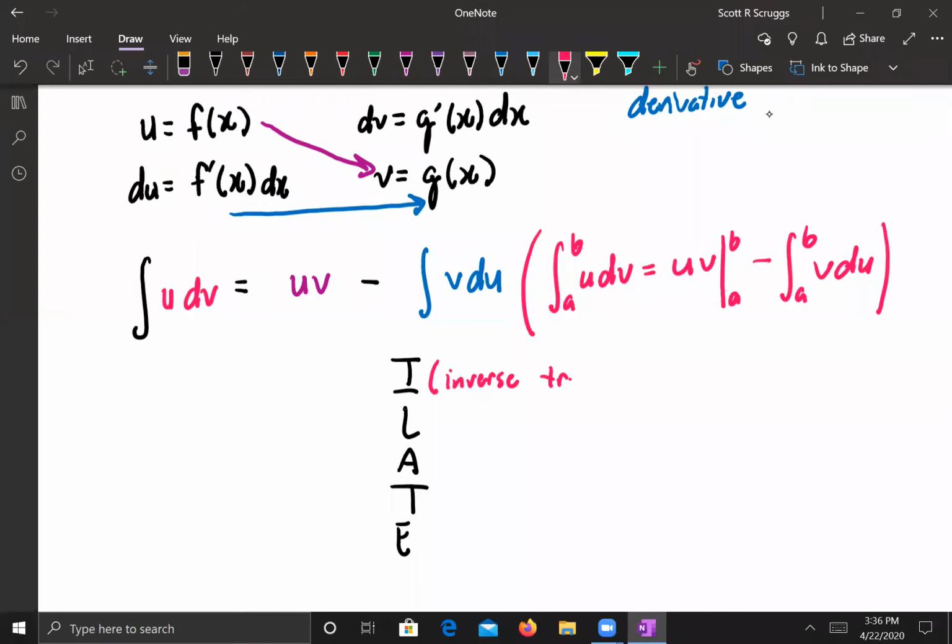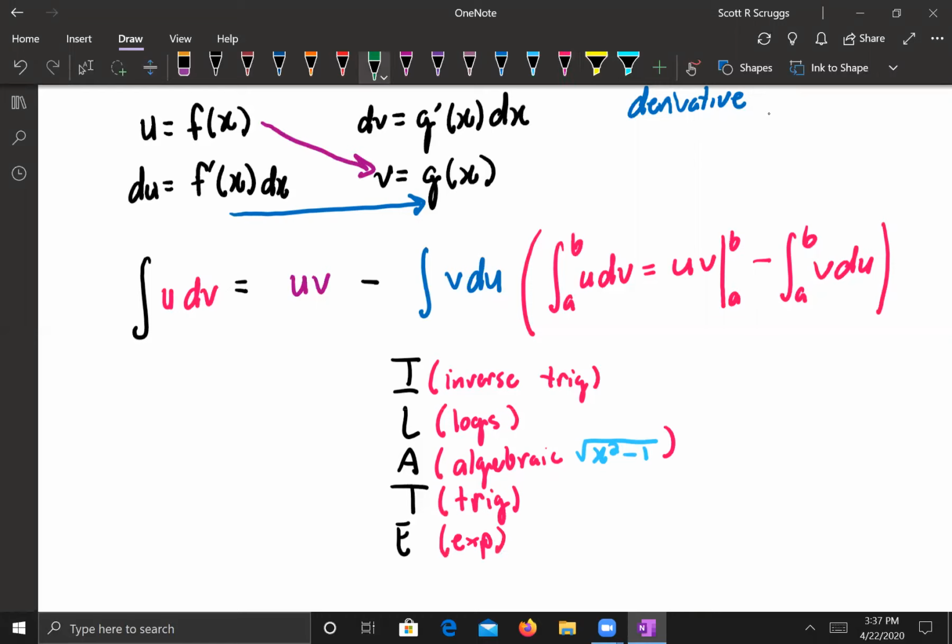Inverse trig, logs. A stands for algebraic. And what I mean when I say algebraic, any polynomial is fair game. The reason why I say algebraic and not polynomials is so I can capture functions like square root of x squared minus 1. T stands for trig. E stands for exponential.